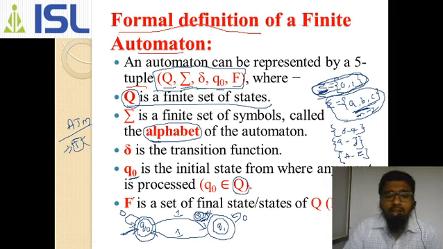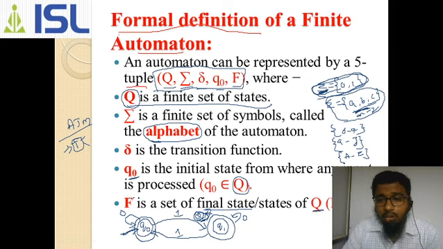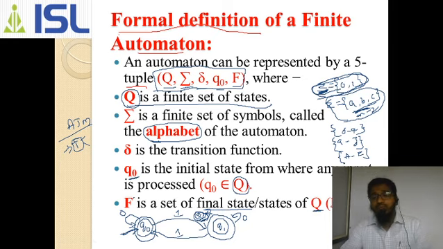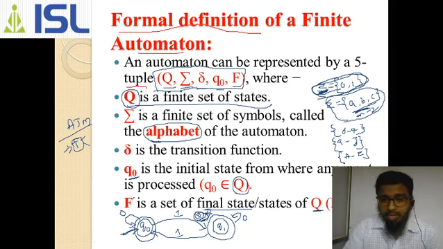There can be more than one final state. So F is a subset of Q. Okay, so this is the basic thing.